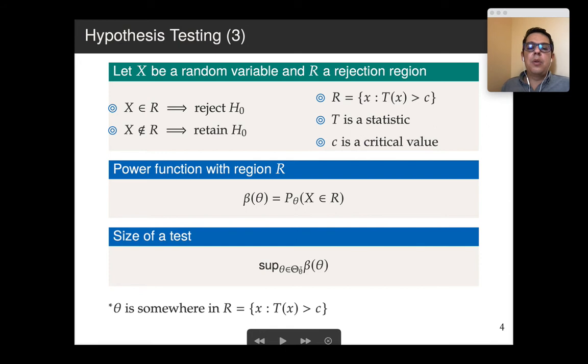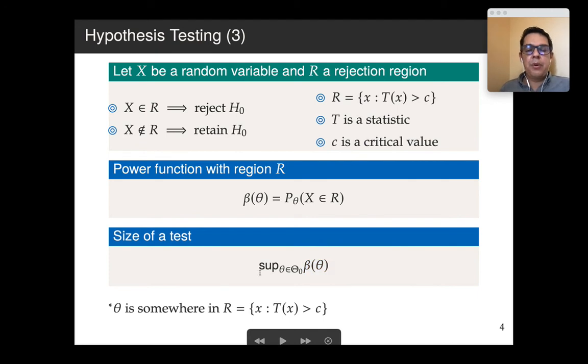So we look through all the points, we ask all the points that are true, and we say, okay, what is the probability that a point belongs to the rejection region R? And we look through all the points and find the maximum value of that, the point that is the most probable to belong to the rejection region R.